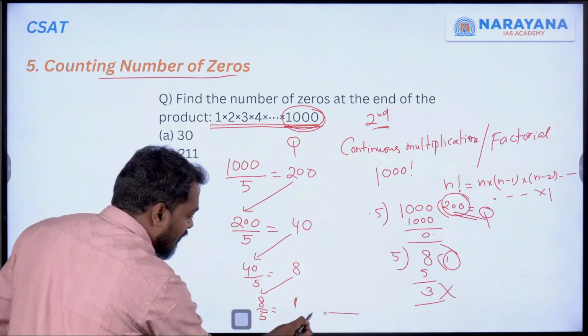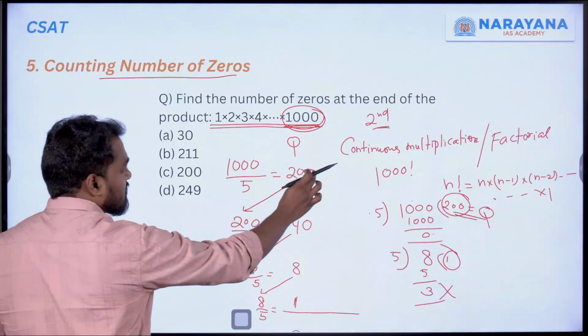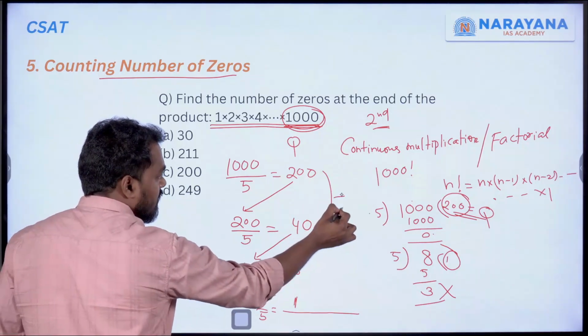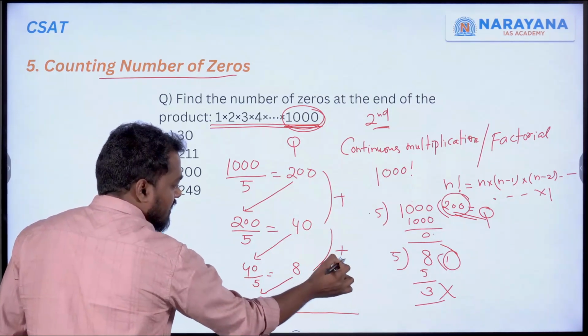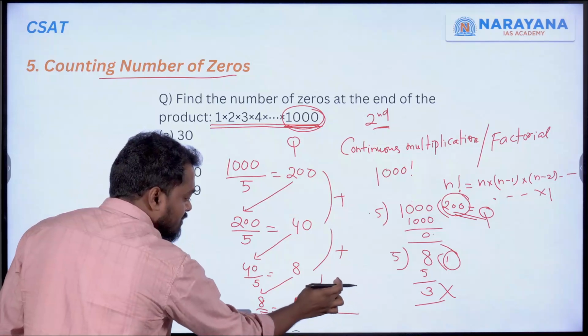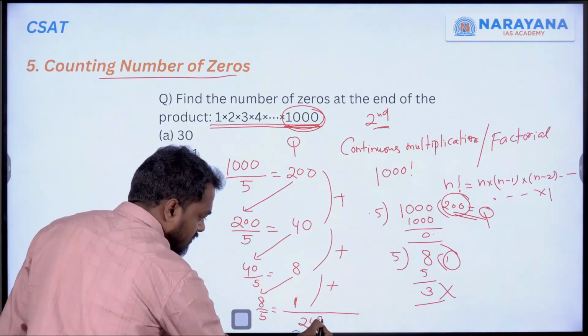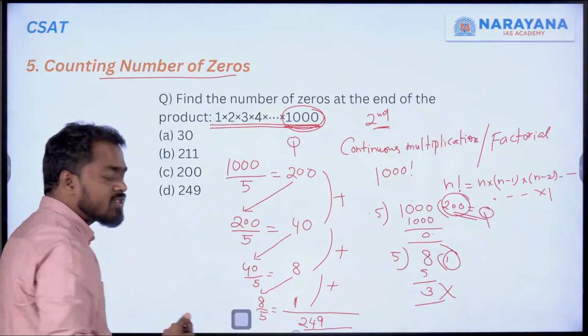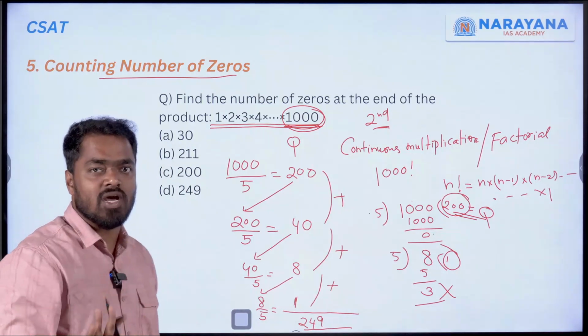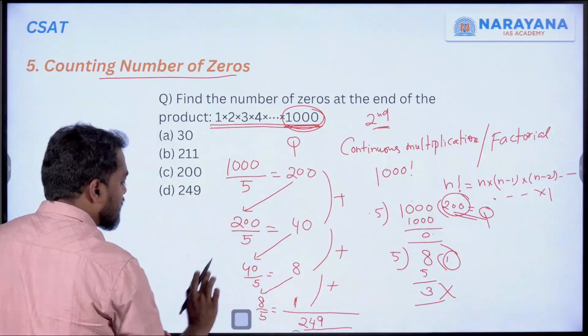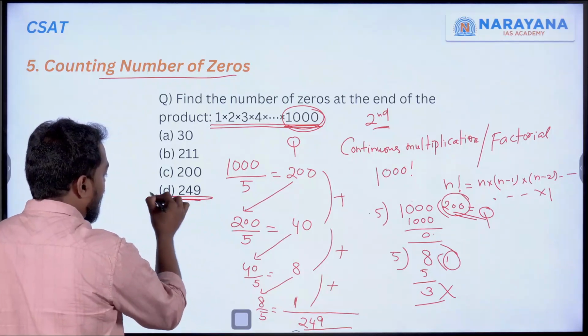Now take the sum of all the quotients. What is this? 200 plus 40, 240, plus 8, 248, plus 1, 249. The sum of all the quotients is 249. That is your answer. So what are the total number of zeros? 249.